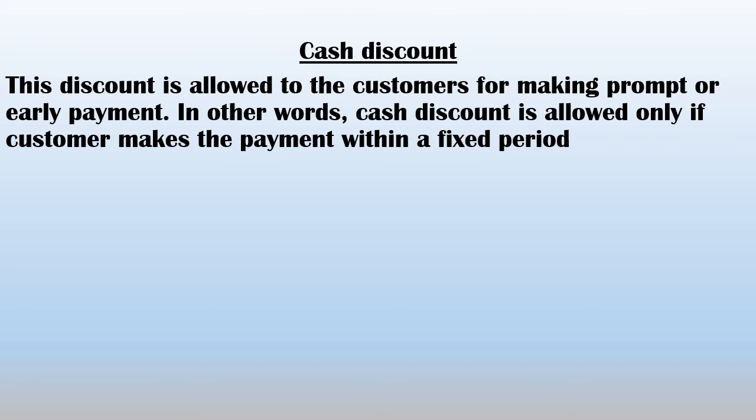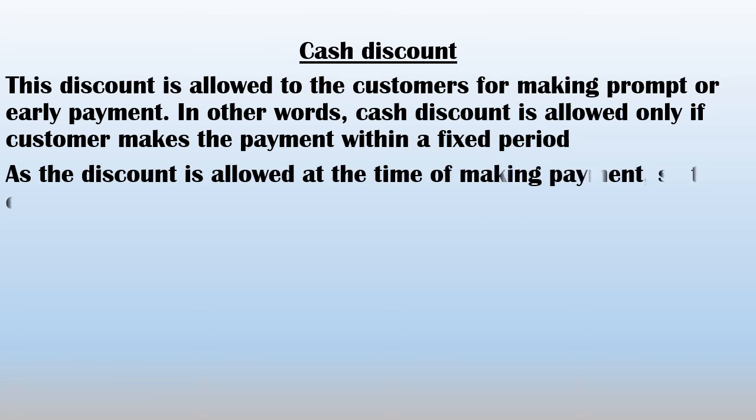The wholesalers give a fixed time period, say within a week, within 15 days, or within 2 months, and if you pay within it you get the facility of cash discount. This is allowed to encourage customers to make prompt and early payment.